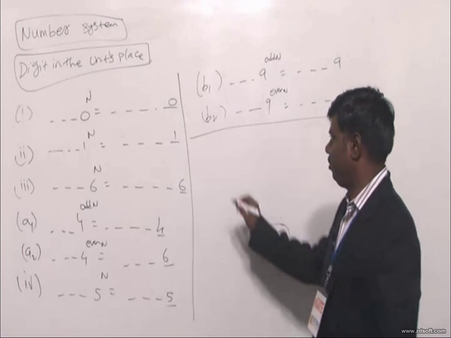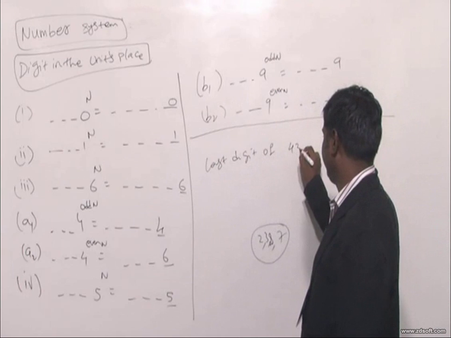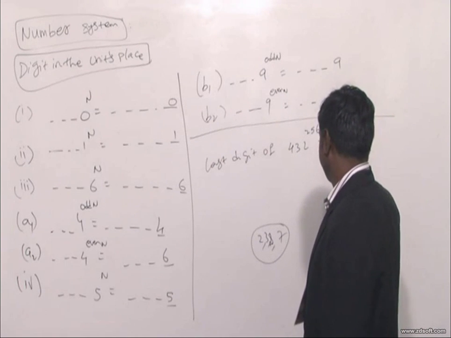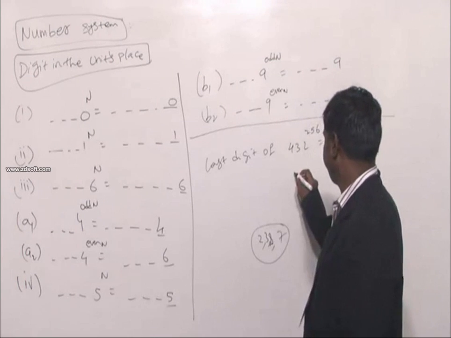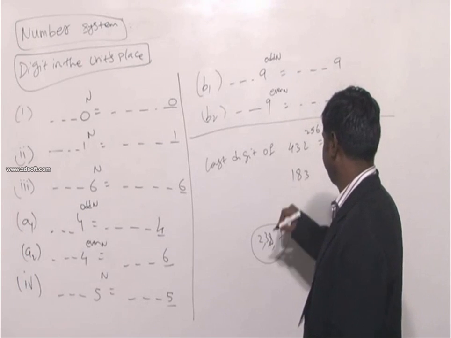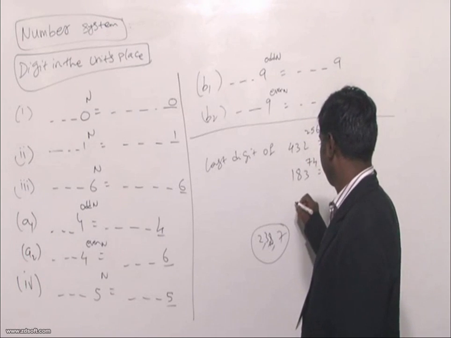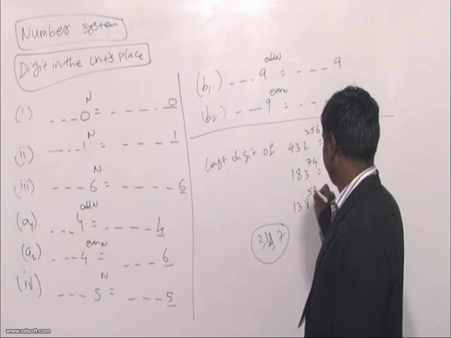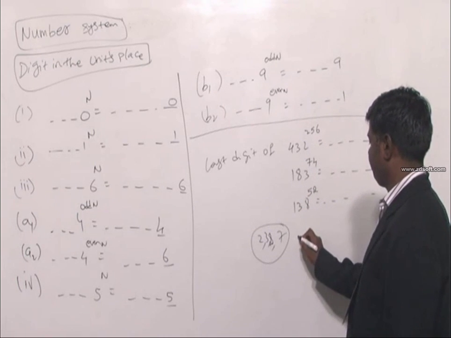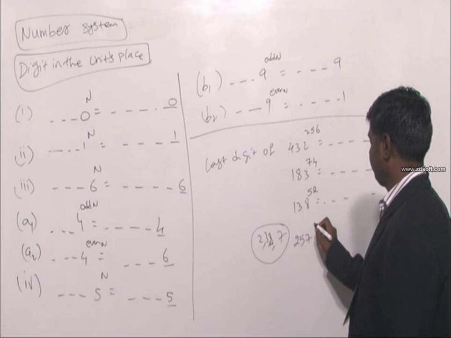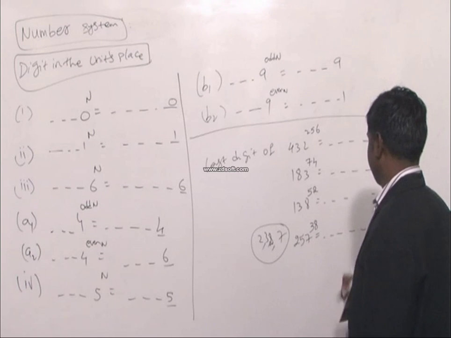For example, if you want to find last digit of 432 power 256, similarly 183 power 74, 138 power 52, likewise 257 power 38. Try this.